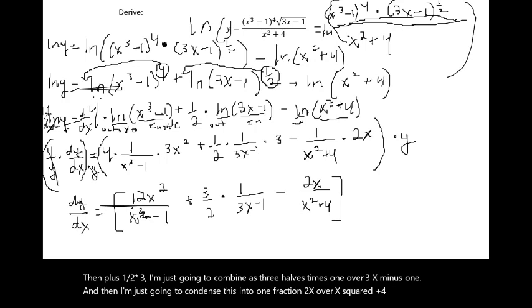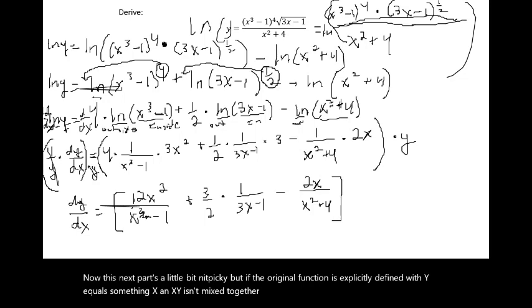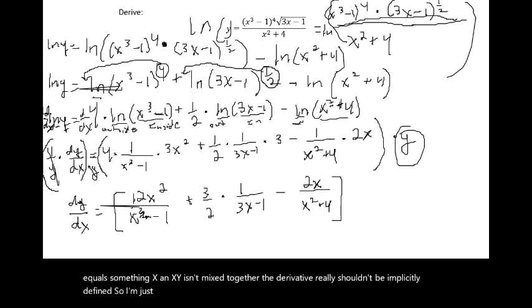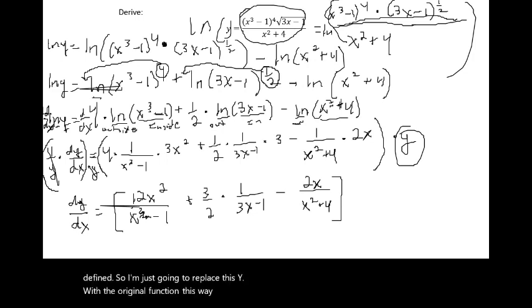Now this next part's a little bit nitpicky, but if the original function is explicitly defined with y equals something in x, and x and y aren't mixed together, the derivative really shouldn't be implicitly defined. So I'm just going to replace this y with the original function. This way the derivative is also explicitly defined.